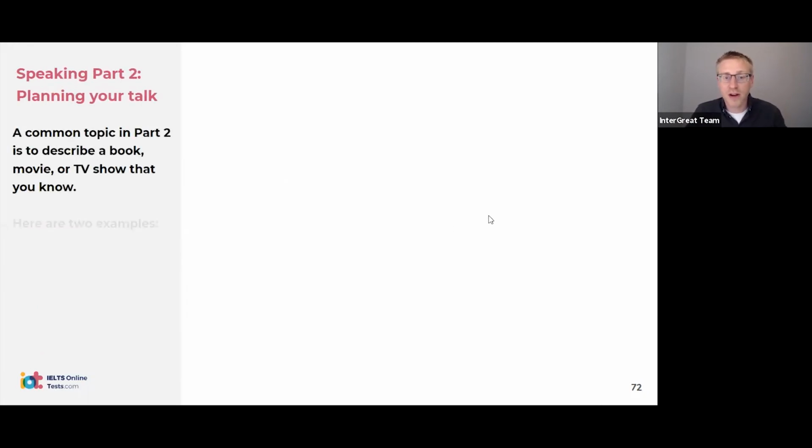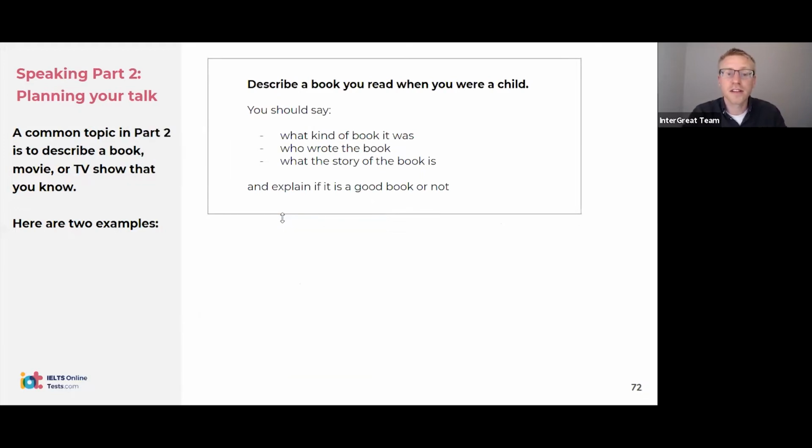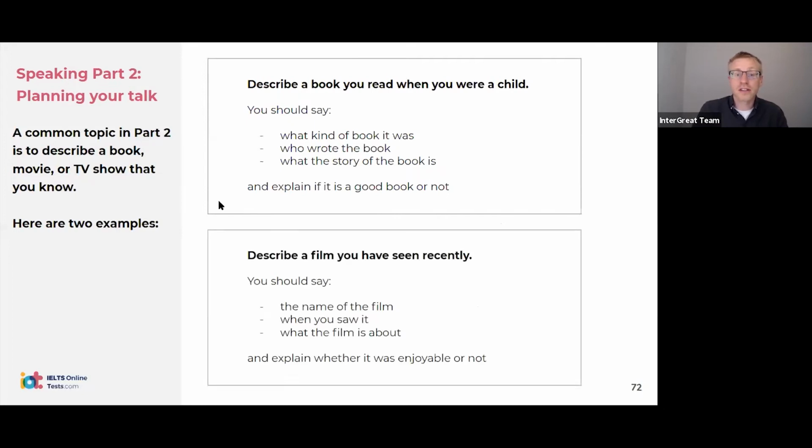Two very common topics that you'll be given are things like describe a book you read when you were a child, okay? Or describe a film that you've seen recently.